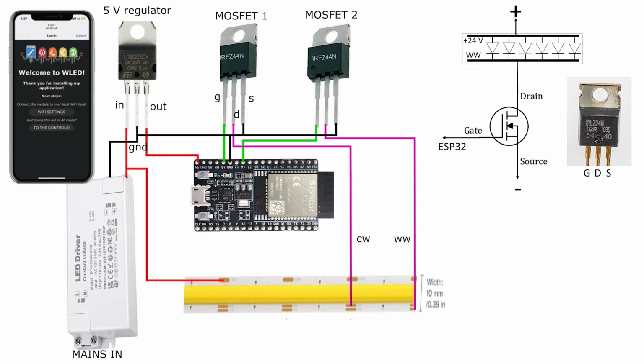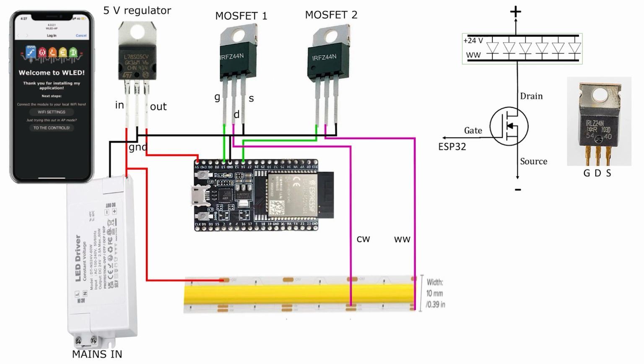And actually, if you look at the top right-hand side of the screen now, you can see how it's wired up. So there's a sort of schematic of the LED strip, and we've got the 24 volts on one side of the LED and either WW or CW on the other side of the LED.